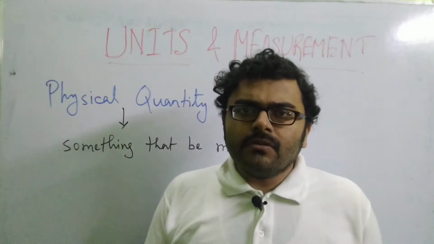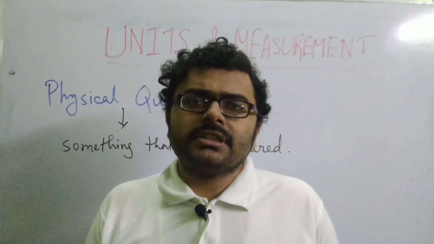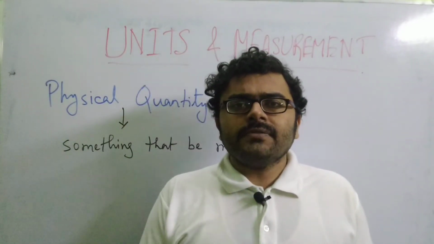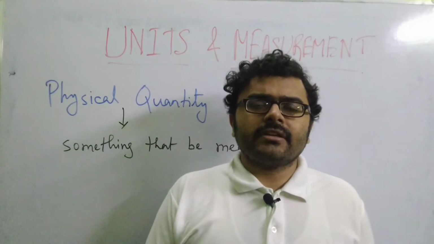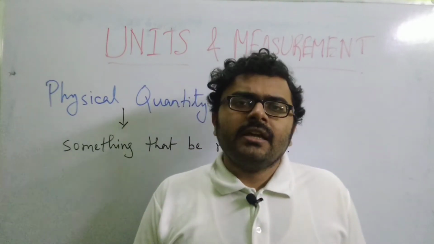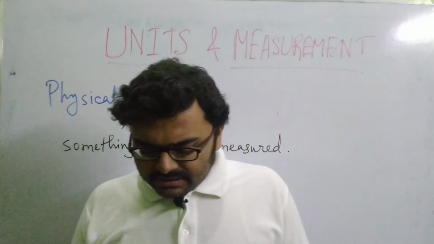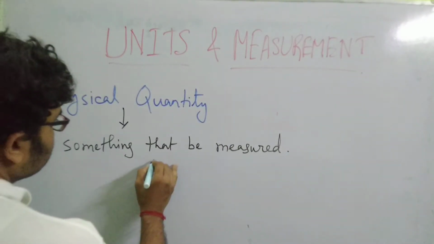Now in physics, when we are talking about physical quantities, if I try to classify them, preliminarily we can classify them as fundamental physical quantities and derived physical quantities. So if I want to classify physical quantities, I will get two terms.